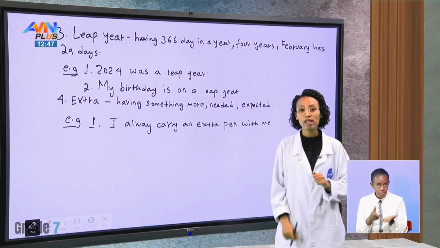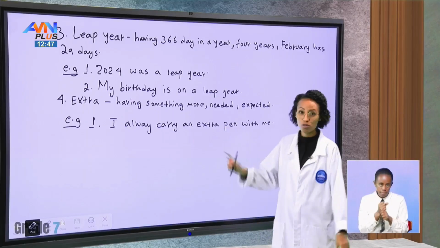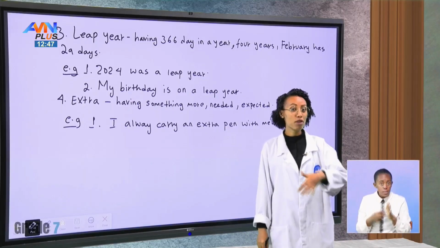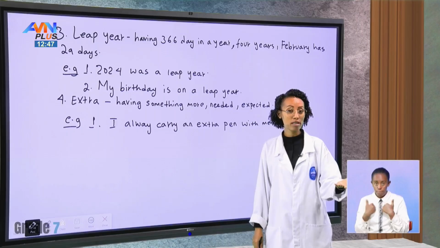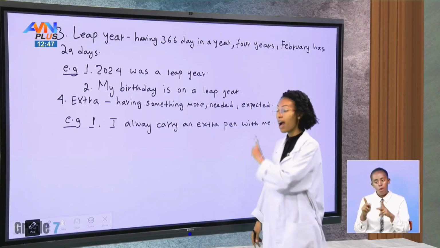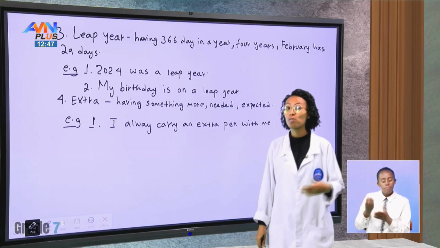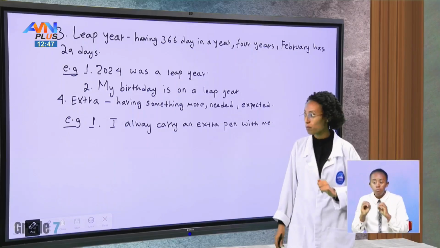So these are things that I carry. So extra means even if the students have it, I have extra. That means if someone does not have it, I could give it to someone.